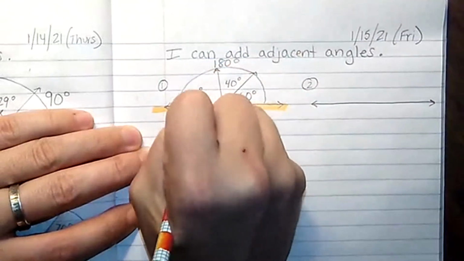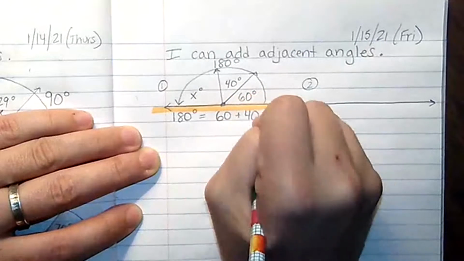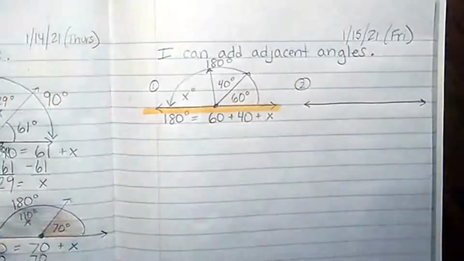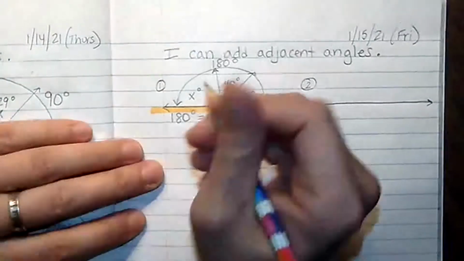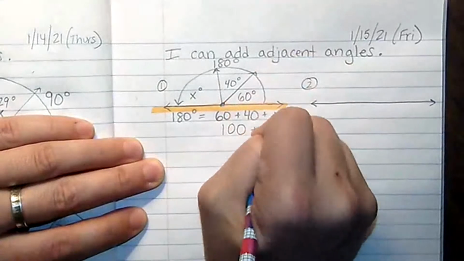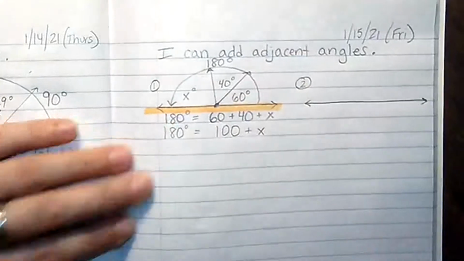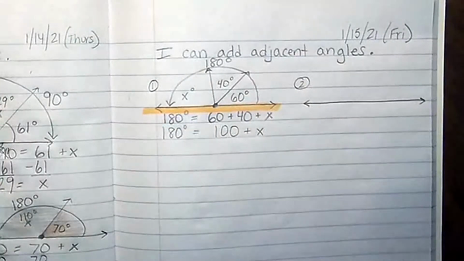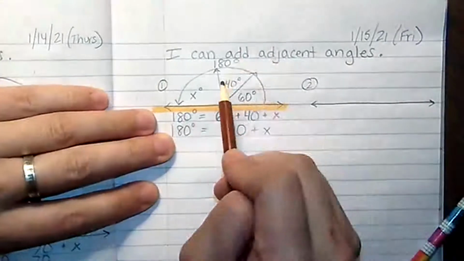180 equals 60 plus 40 plus X. Well, can we do 60 plus 40? Sure. 60 plus 40 is 100. 100 plus X equals 180. Well, that looks easier. Now I think I could do it. So really, all I did so far was I put these 2 angles together.